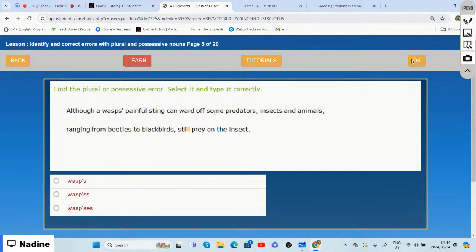Although a wasp's painful sting can ward off some predators, insects and animals, ranging from beetles to blackbirds, still prey on the insects.